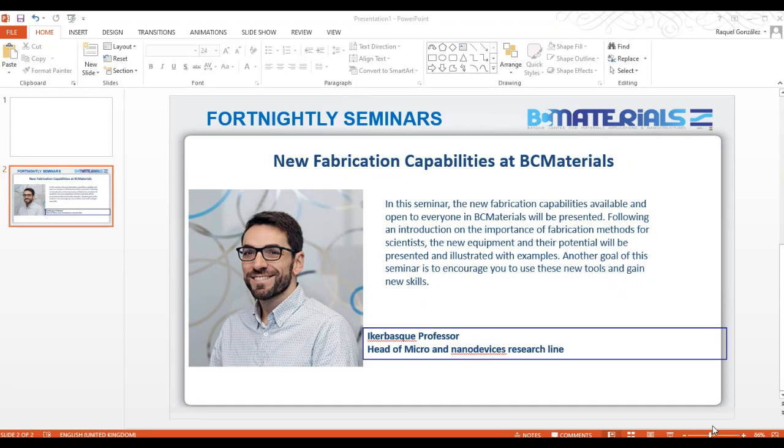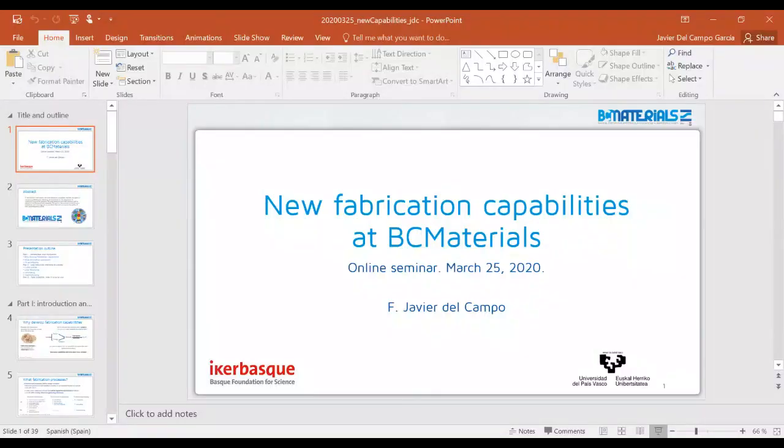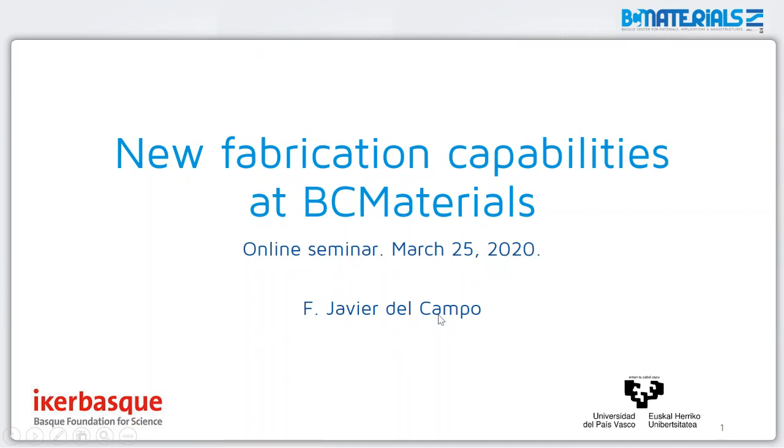He graduated in analytical chemistry and he obtained the PhD from the University of Oxford, where he specialized in electrochemistry. Now he's working as microfluidic professor and as a leader of the research line of micro and nano devices at BCMaterials. Please, Javier, you can start with the seminar.